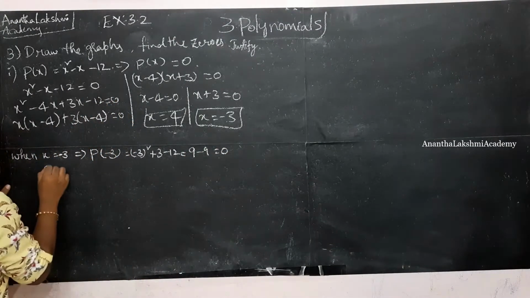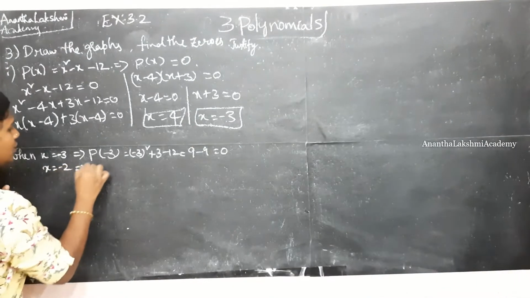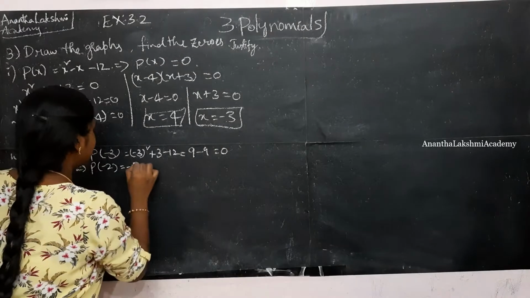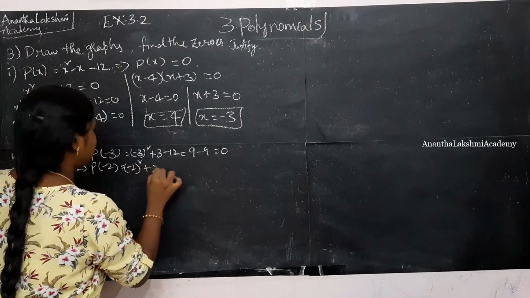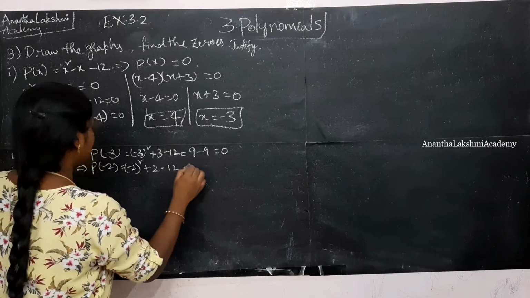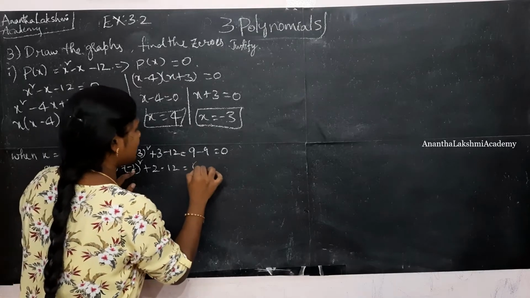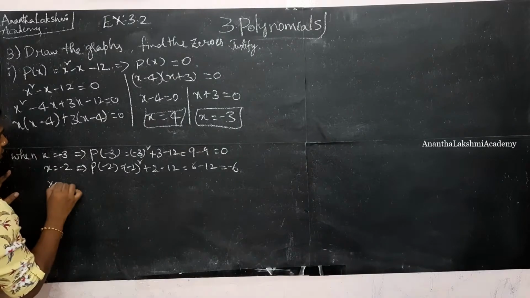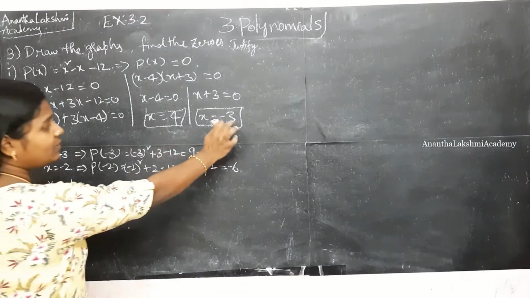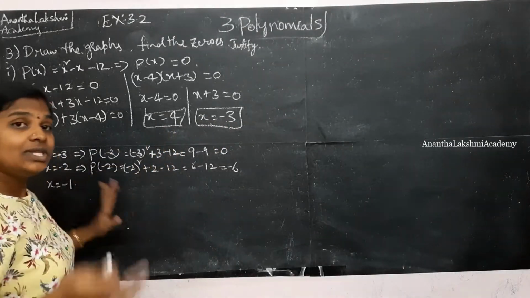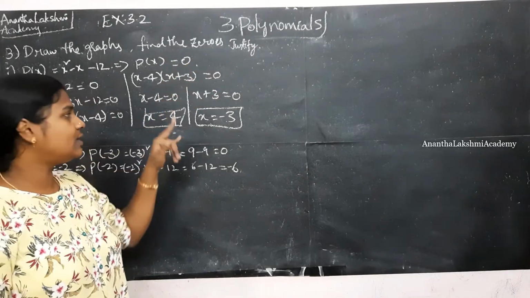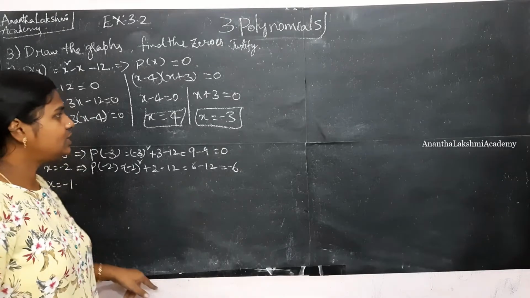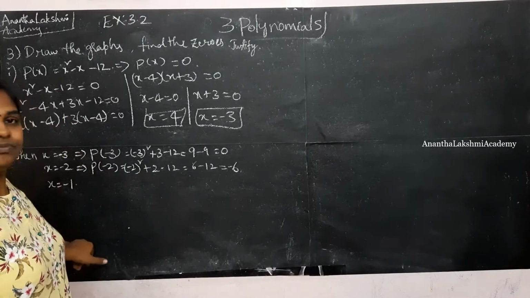Alright, when x is equal to minus 2, p of minus 2 is equal to minus 2 whole square plus 2 minus 12. That is nothing but 4 plus 2, 6 minus 12, minus 6. So I am drawing the graph from minus 3 to 4. In order to know the range of values to solve this graph, I have solved this and am figuring out the values from minus 3 to 4.